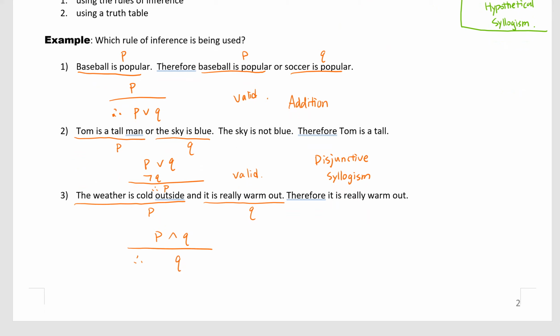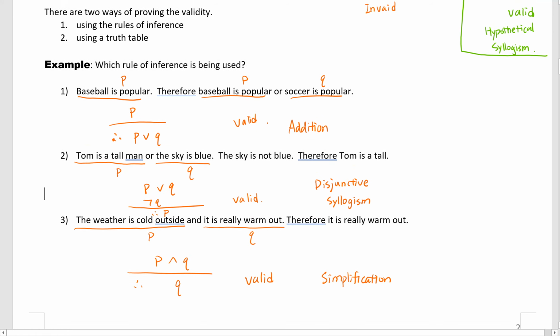So P and Q happen, so Q happened. This is valid, and this is simplification. Yes, if P and Q are happening, then Q is happening. Okay, this is simplification. So far, so good, everybody.